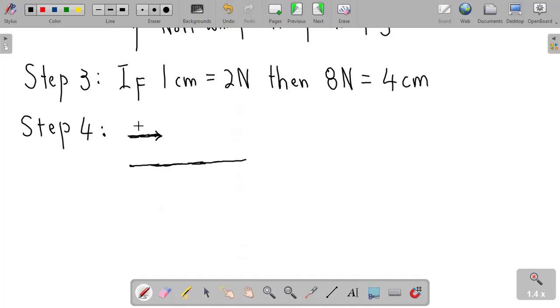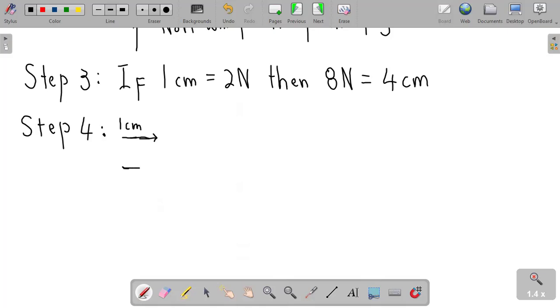So this over here, okay, let me try to make this thing neat. So we have an arrow here that goes to the east, and the length of this arrow is 1 centimeter. And then now for 8 newtons, it's going to be 4 centimeters.